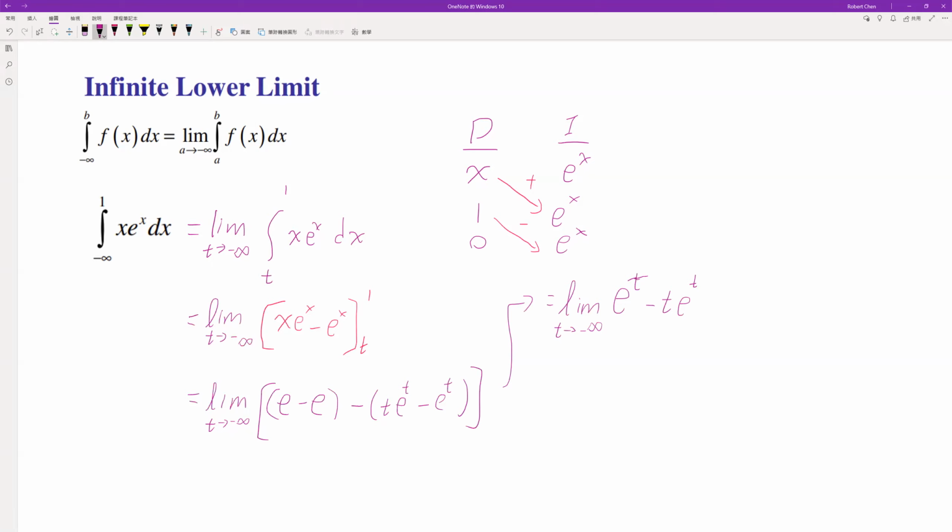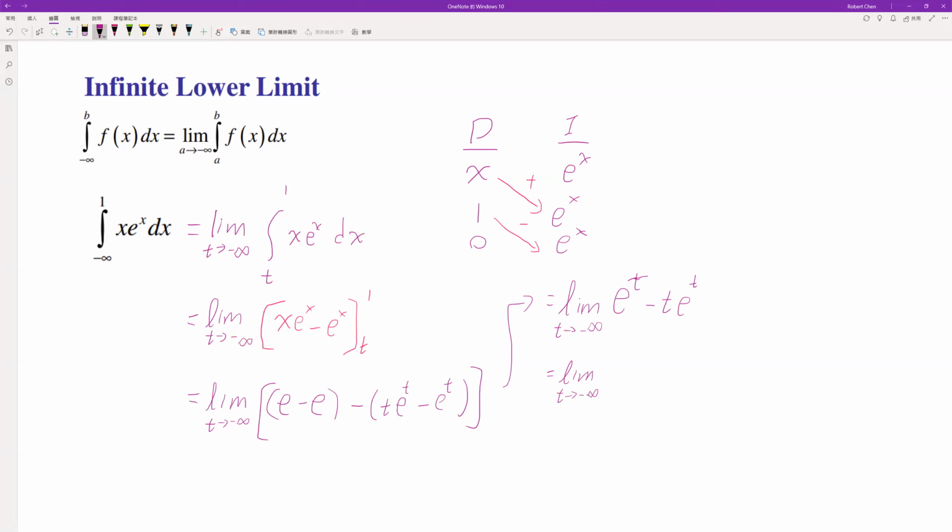Now, if you just take it to negative infinity, right here you get infinity over infinity, which is not going to make sense. That's an indeterminate form actually. So somehow we have to do L'Hopital's rule.